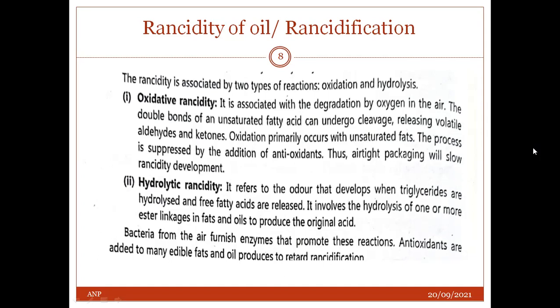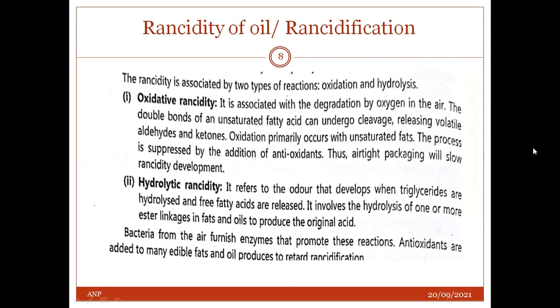Rancidity is generally associated with two types of reactions, that is oxidation and hydrolysis: oxidative rancidity and hydrolytic rancidity. Oxidative rancidity is associated with the degradation by oxygen in the air.